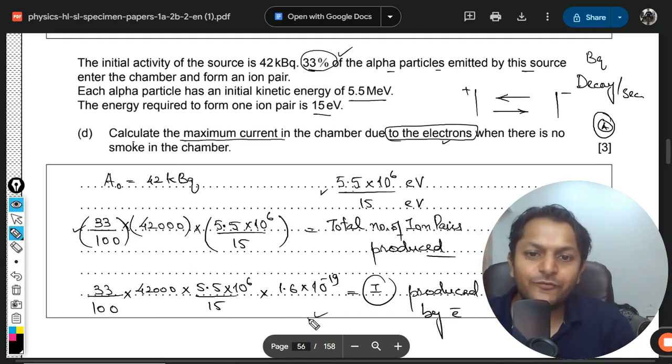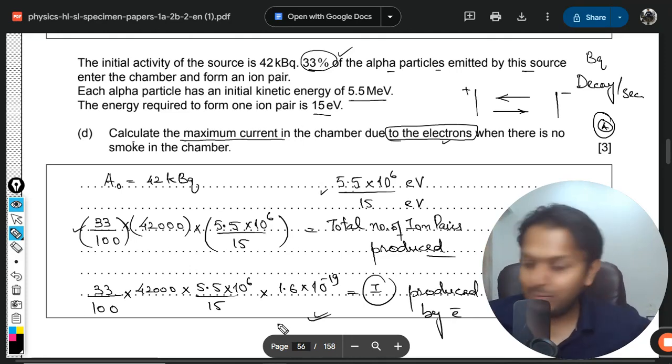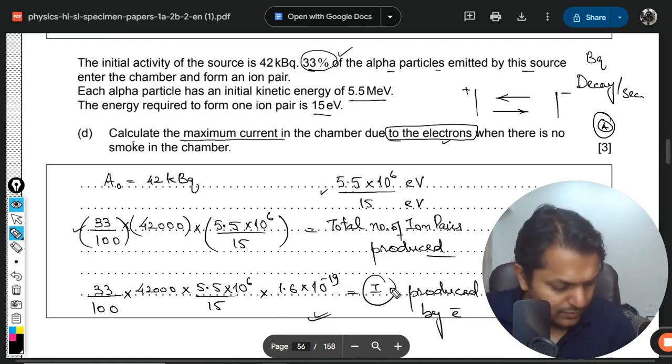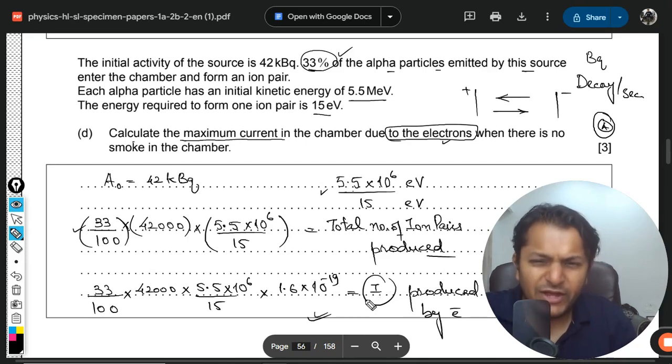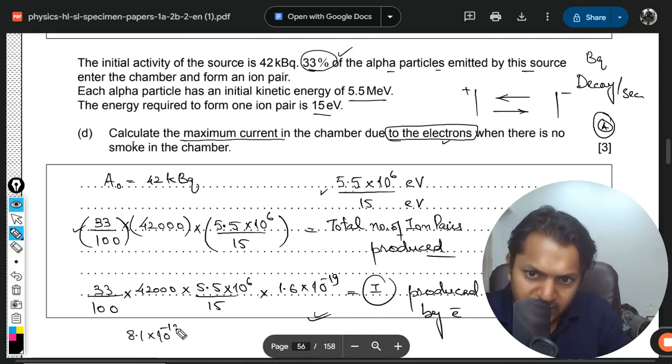Be very careful and you can find this value. Let me plug this value into my calculator. I'm finding a very low current, and the value of the current is 8.1 into 10 raised to power negative 10 amperes.